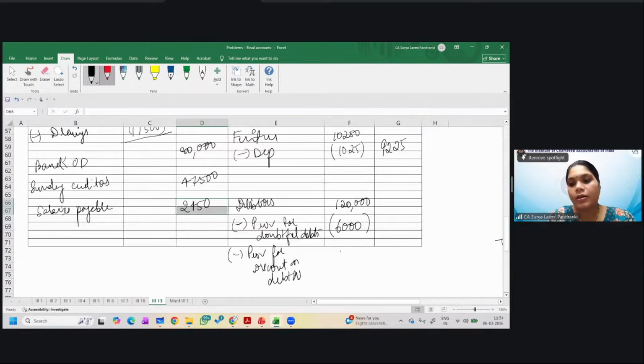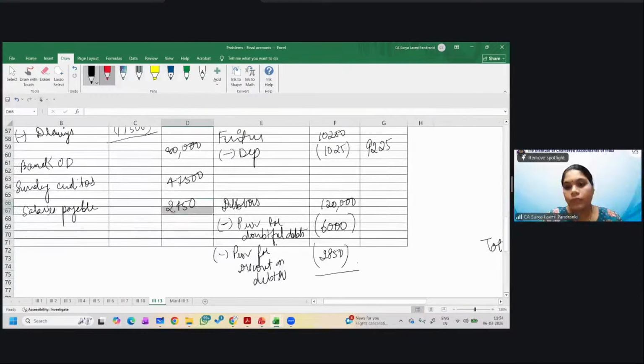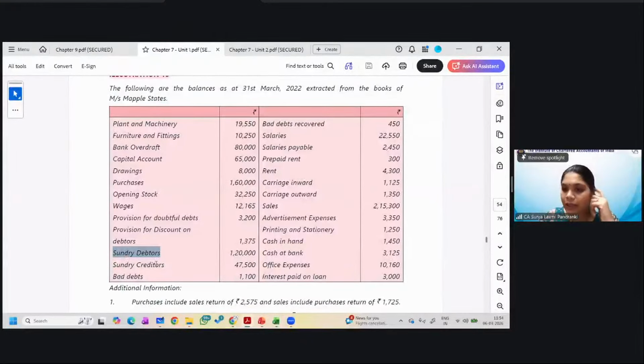Closing balance? 2,850. Okay. So finally, how much is debtors? 11,150. Okay, got it. So I'm going in order so that we don't miss anything. Few people are texting few values, but fine. I'm just going in order.